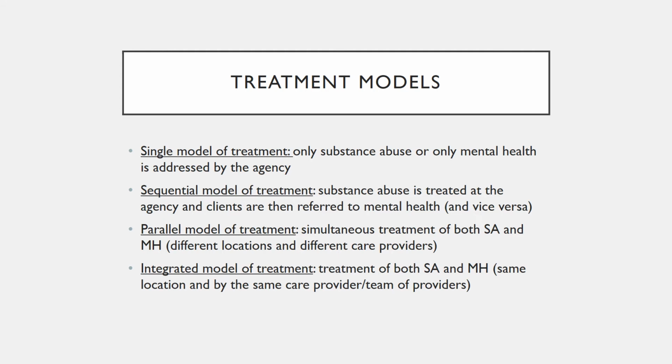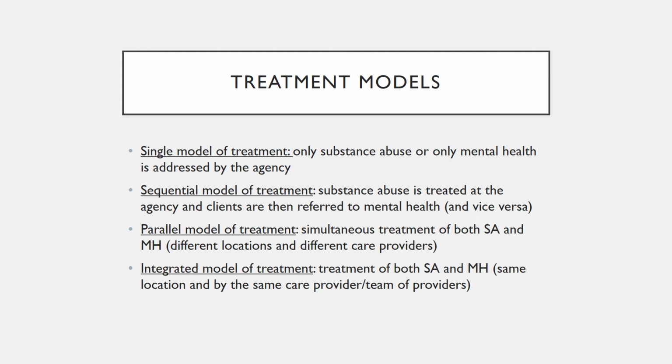And then the next level would be the integrated model of treatment, and this is what we're going to be looking at. This is the gold standard for treating co-occurring disorders, because we do know that there is a benefit when we have treatment of both the substance abuse and the mental health occurring at the same time, and also at the same location and by the same care providers or team of providers.